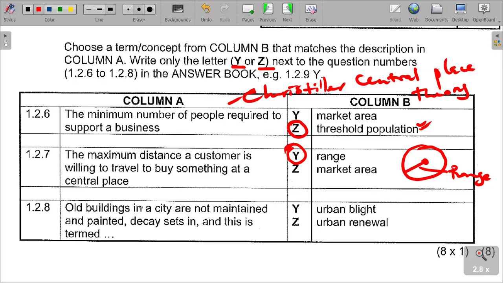Old buildings in a city are not maintained and painted, decay sets in, and this term is known as what? This is known as urban blight.